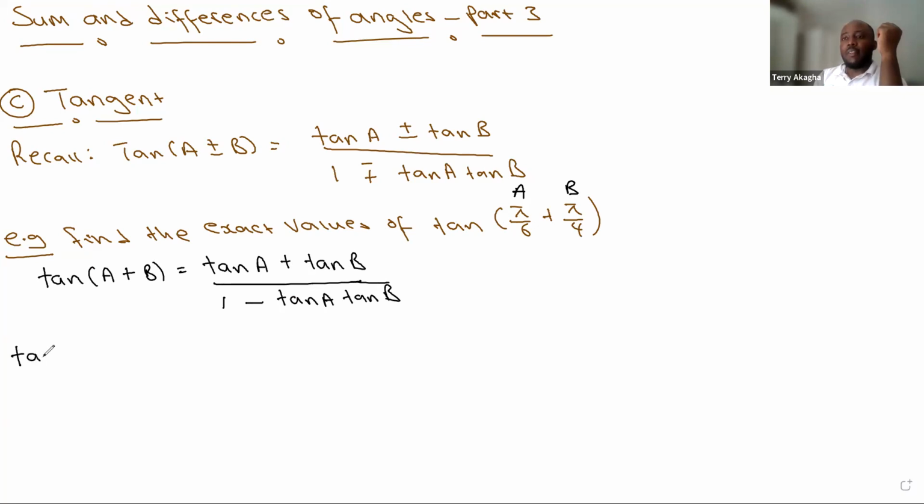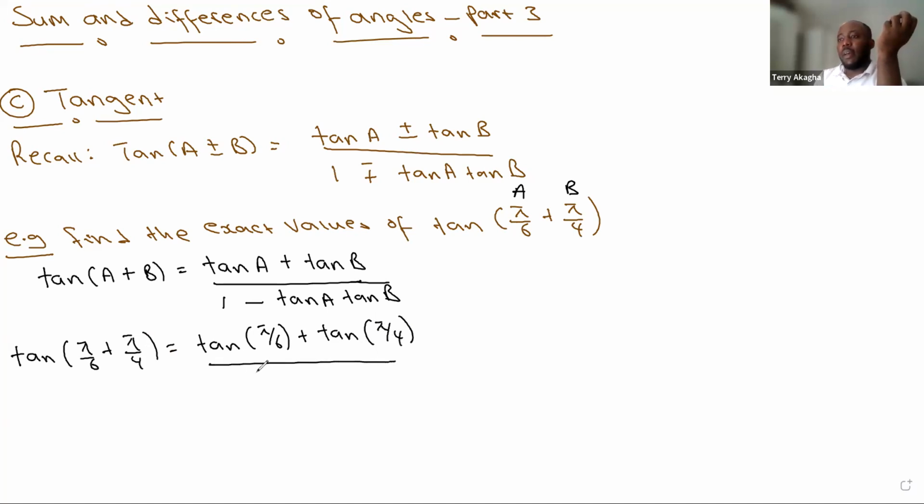So we can easily say now that tan of pi over 6 plus pi over 4 will be equal to tan A, which is pi over 6, plus tan B, which is pi over 4, divided by 1 minus tan pi over 6 tan pi over 4.